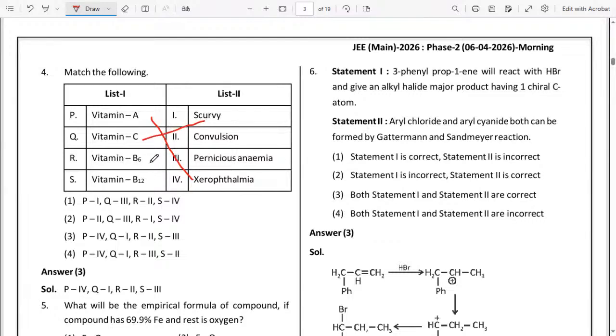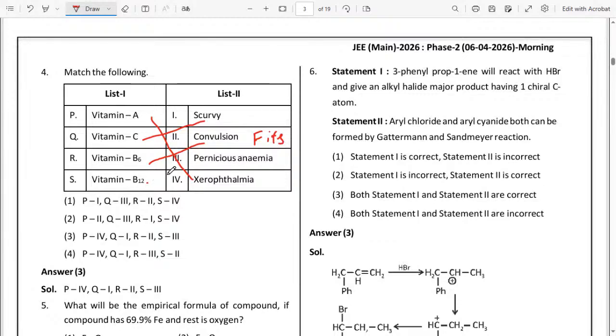Vitamin B6, convulsion. Convulsion means fits, right? The patient will faint and fall down, twisting their hands. So convulsion is nothing but fits. So B6 deficiency causes fits or convulsions.